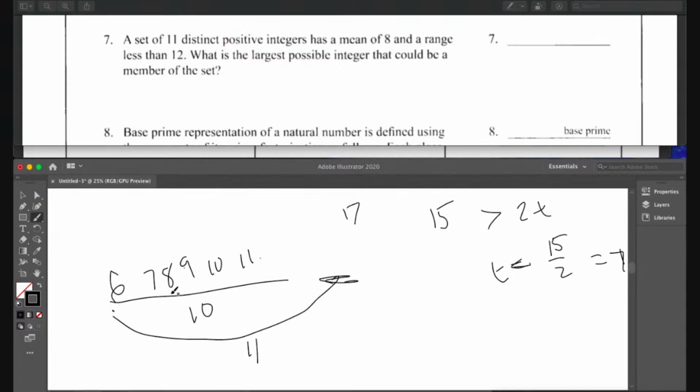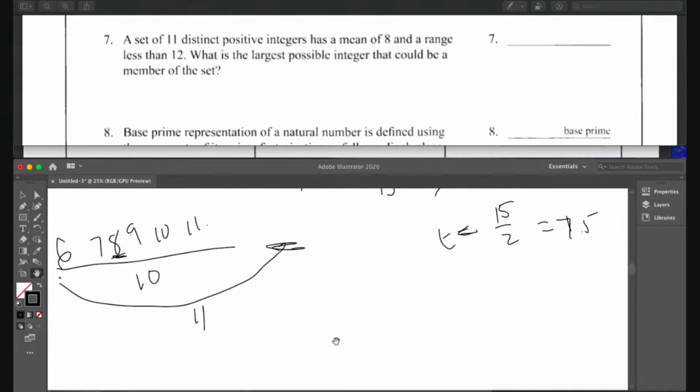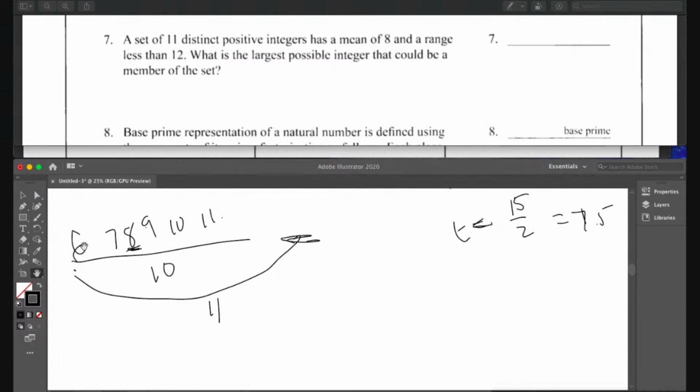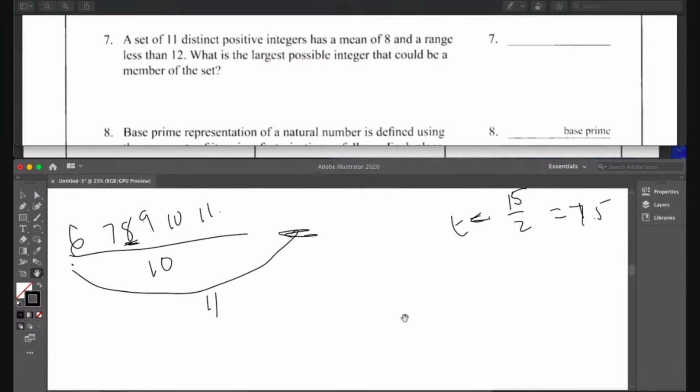Because this is 8 right here, and they're gonna be a lot more larger numbers, and this is also gonna be a larger number, and so this is not gonna have a mean of 8, right? So we had to lower this quite a bit. So maybe try like 4 or something, right?